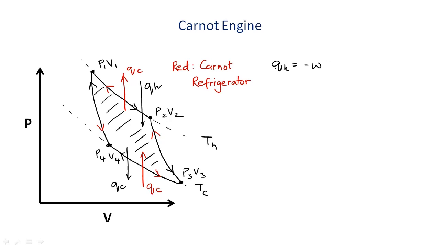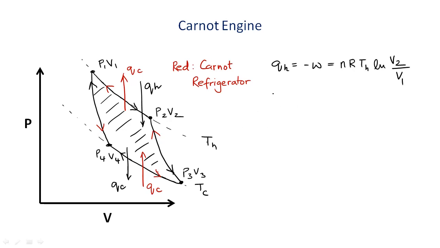So from the first law, heat absorbed is equal to the negative of work done, and the expression for work done in an isothermal quasi-static process we have derived is equal to nRTH ln V2 by V1.